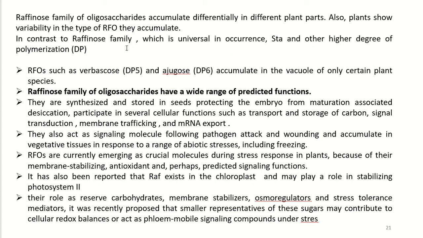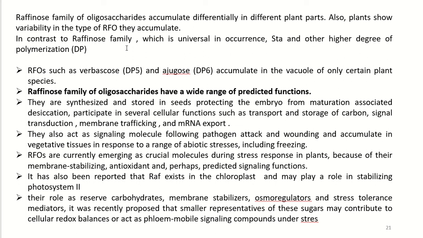The universal one you will find in every plant species, as I said, is stachyose, found in many with high degree of polymerization. But there are two others, verbascose and ajugose, that accumulate in the vacuoles of certain plant species.